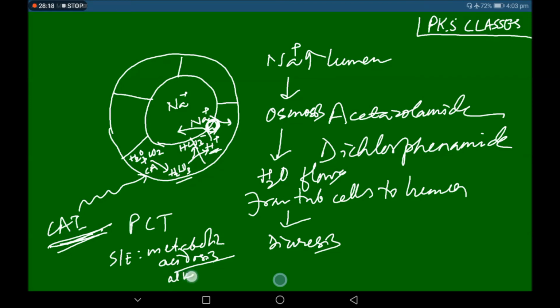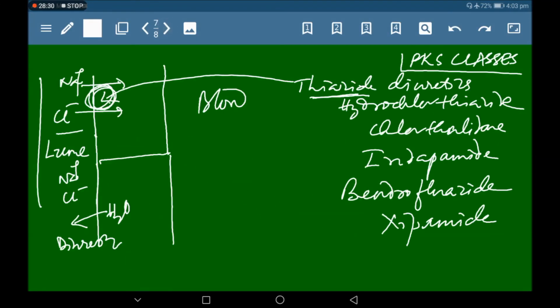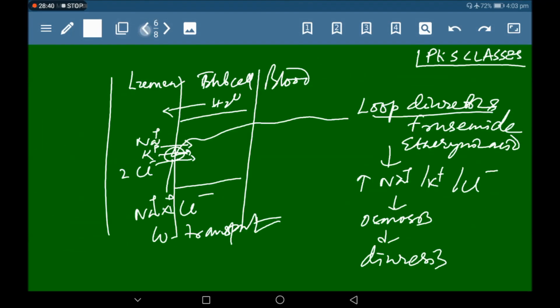So metabolic acidosis occurs in the case of drugs acting on the proximal convoluted tubule and collecting duct, and metabolic alkalosis occurs in the case of thiazide diuretics and loop diuretics. And this is all.